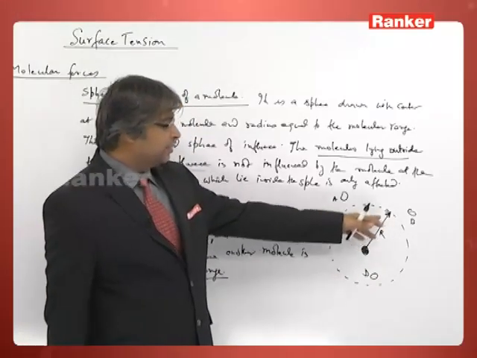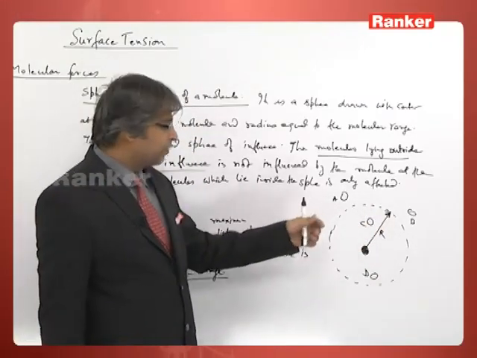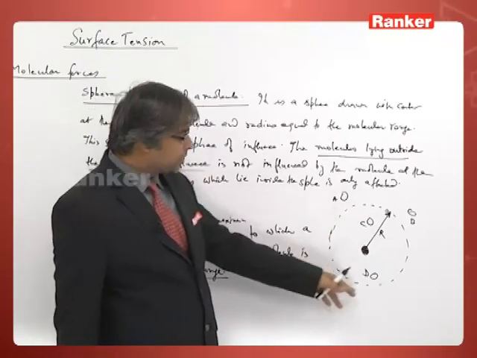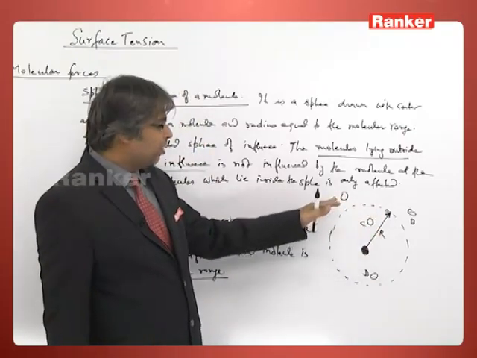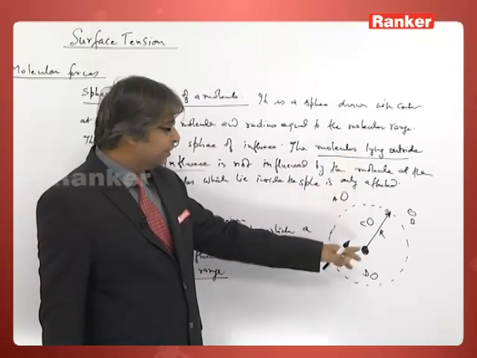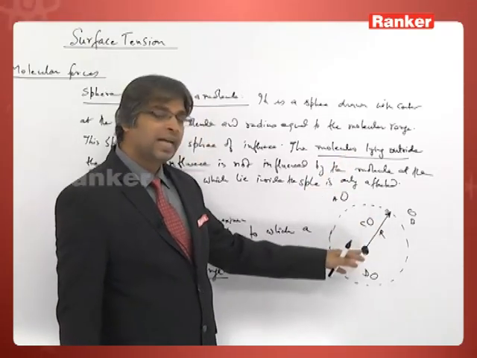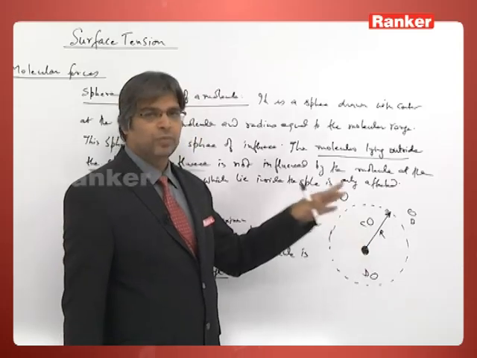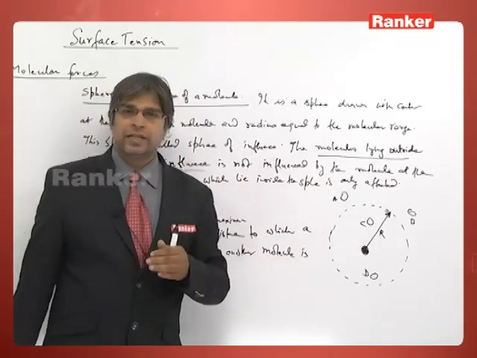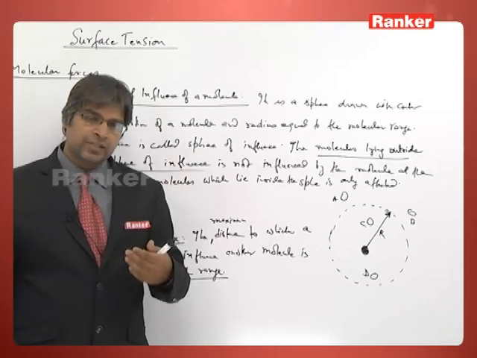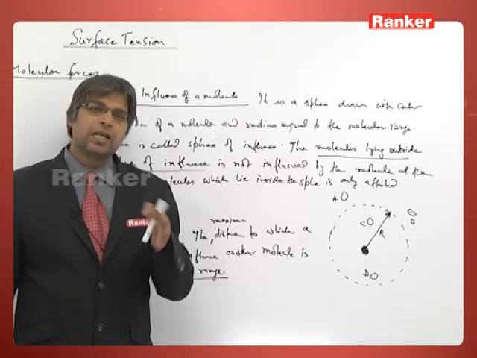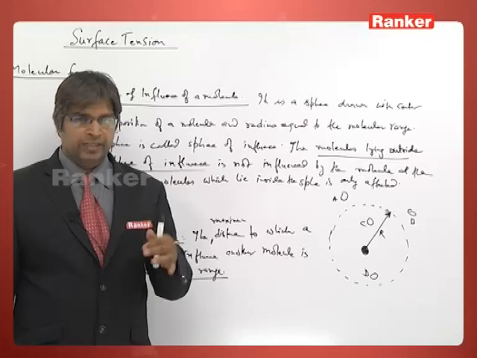That is called the range of its molecular force. If I draw a sphere of this range, all the molecules outside will be free from the influence of this molecule, but all the molecules inside will be influenced by it. So, these are the properties of the molecular forces which give the bulk property of surface tension.